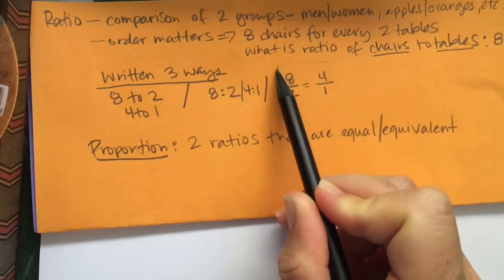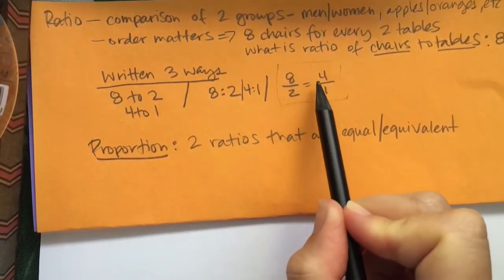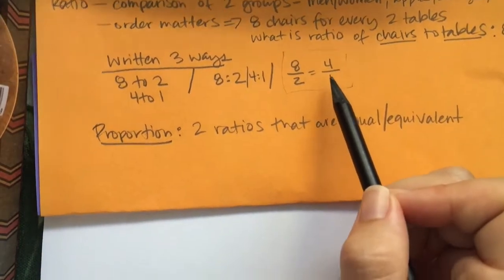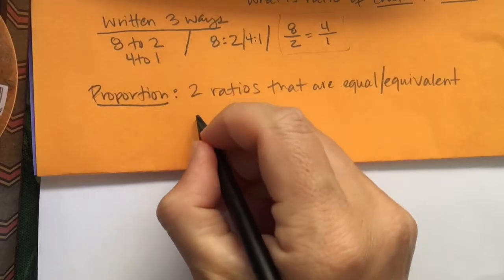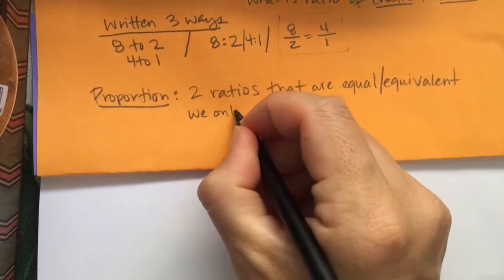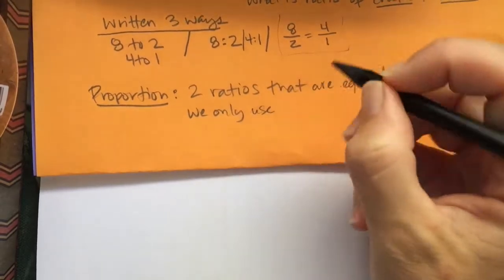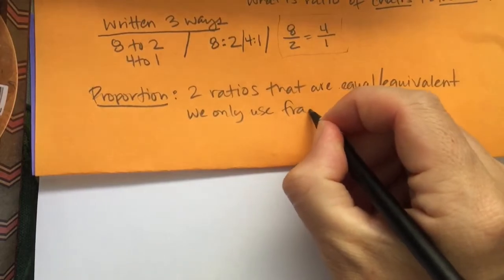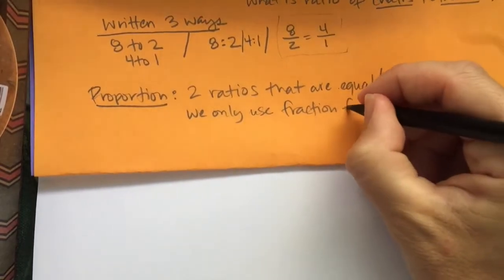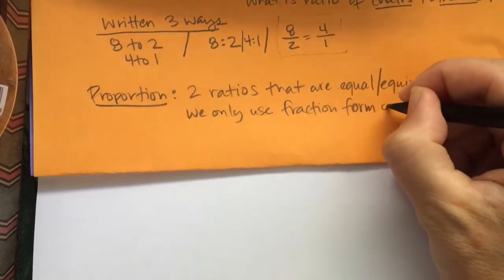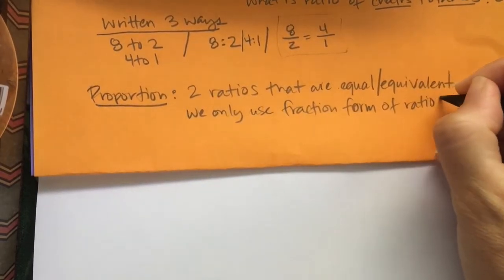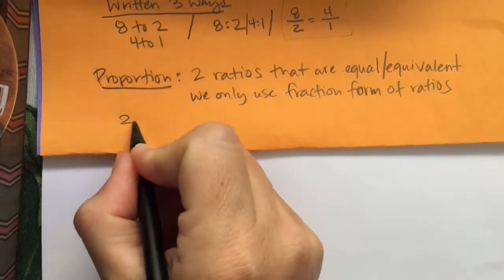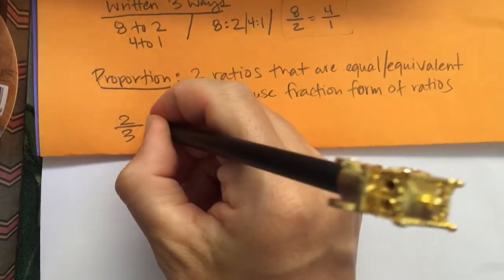These are considered a proportion because they are equal. They are equivalent to each other. They mean the same thing, all right? So with proportion, we only use the fraction form of the ratios. So let's do some examples of proportions and how you can tell if 2 ratios or fractions are in proportion.